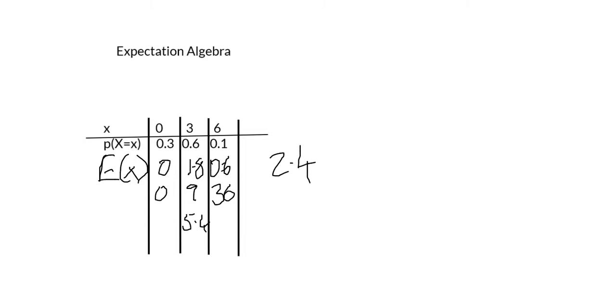That's what we should be doing. 36 times 0.1 is 3.6. And 0 times 0.3 is 0. So that gives us 9 as our E of x squared.